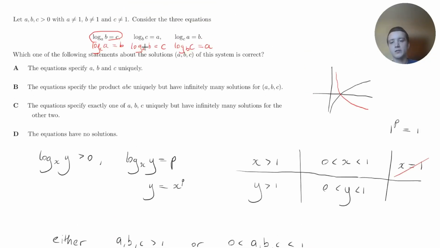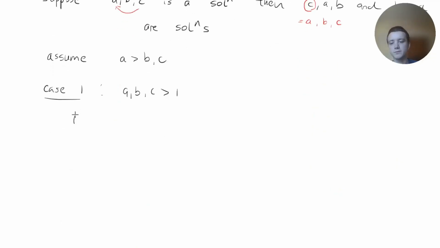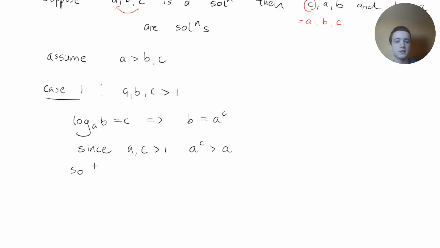Now, if we look at this equation, log base A of B is equal to C, we can take both sides to the base A to get the corresponding equation B is equal to A to the power of C. Now, since A and C are bigger than 1, we have a number that's larger than 1, and we're taking it to a power which is larger than 1, which means that A to the C will be bigger than the original number A. From that, we can conclude, since A to the C is equal to B, B is bigger than A.